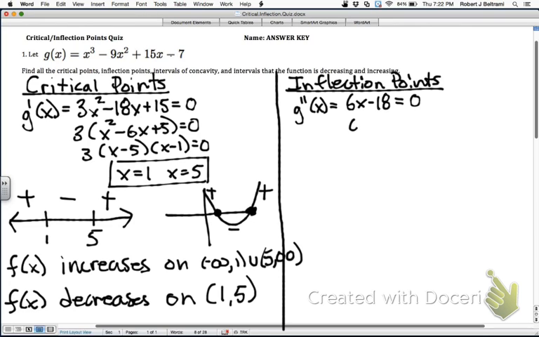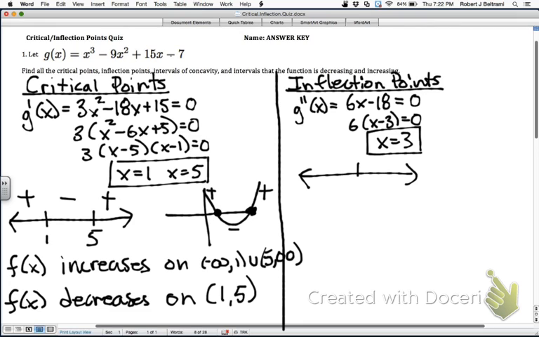To solve this, I can factor out a 6. It tells me that my inflection point is at 3. At 3 is when my function changes between concave up and concave down. The next thing we want to check is if it starts concave down or if it's starting concave up.